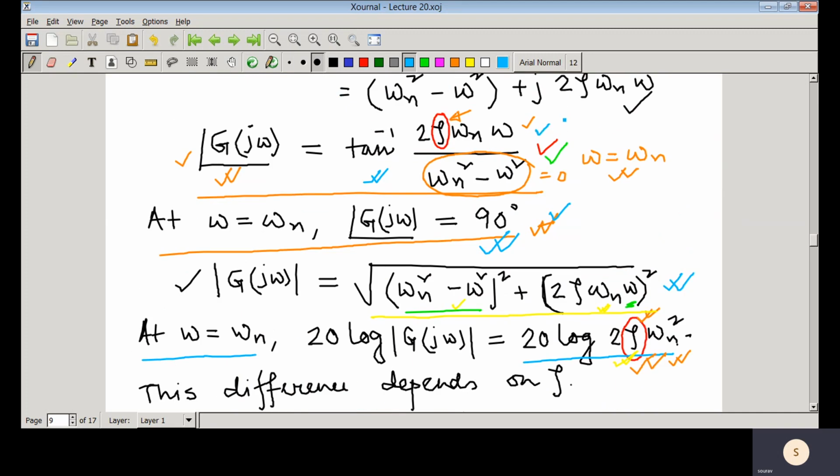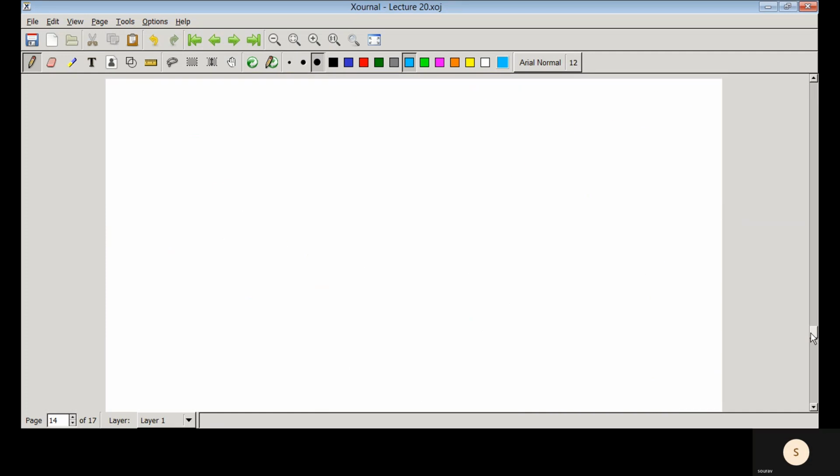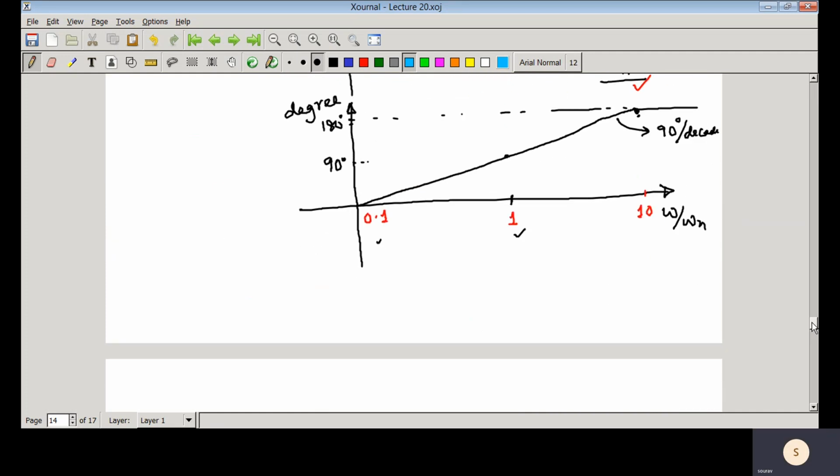When zeta is very small, say 0.1, the plot looks like that.